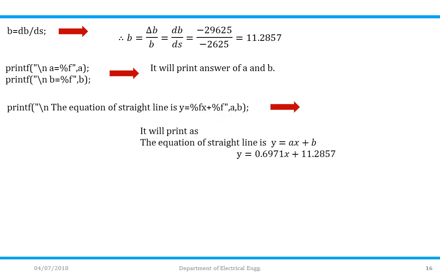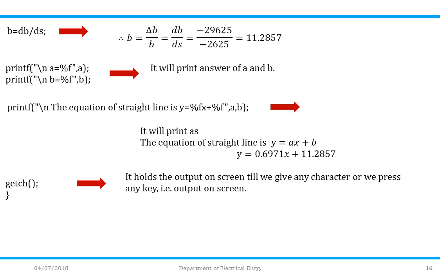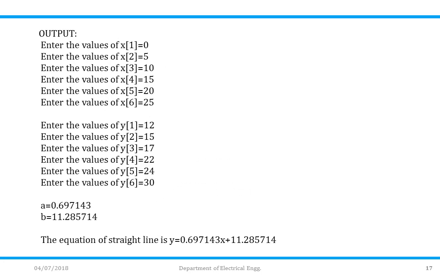So it will print the answer as the equation of the straight line is y equals ax plus b, that is, y equals 0.6971x plus 11.2857. getch holds the output on the screen till we give any character or press any key. This will be the output. Values of x1, x2, x3, x4, x5 and x6. Values of y1 to y6. So we will get the answer for a and b and the equation of a straight line.